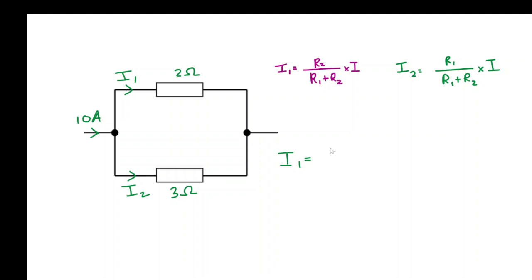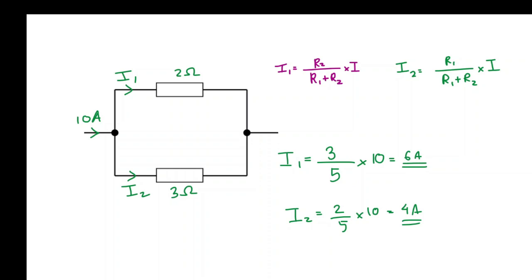The other resistor 3 over the sum of the resistors 3 add 2, 5, times by the incoming current 10. I2 is the other resistor because it's inverse, 2 over 5 times by 10. Now that's 4 amps and that one is 6 amps.